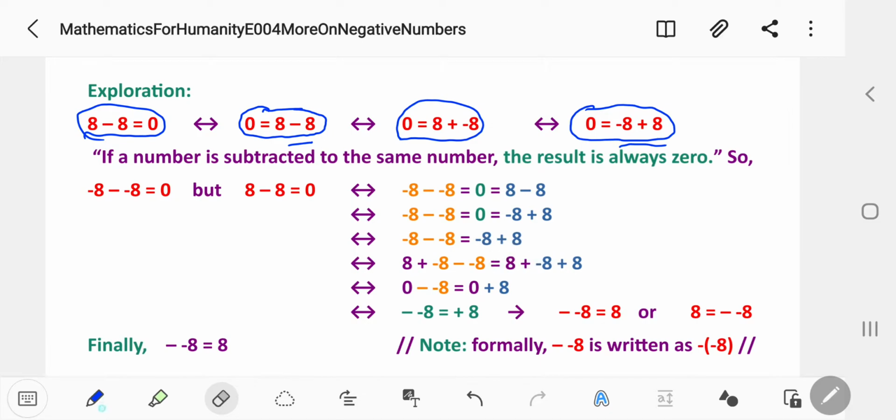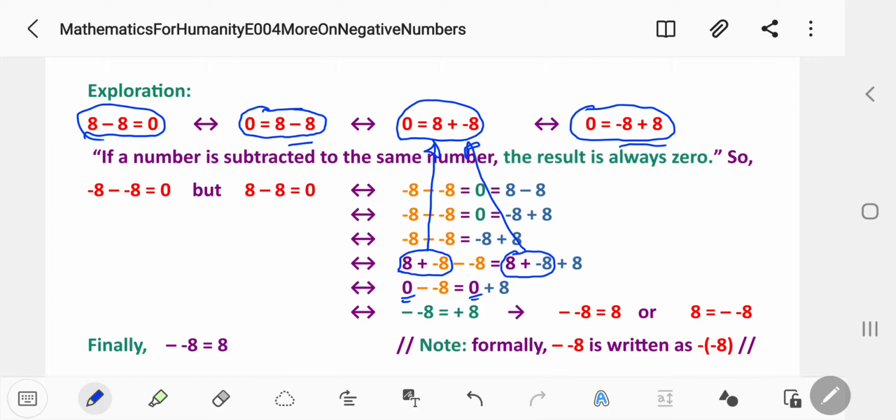So what happens here? This one looks like that, and of course this also looks like that. That is also equal to 0, so you have 0 here. That's why you have 0.